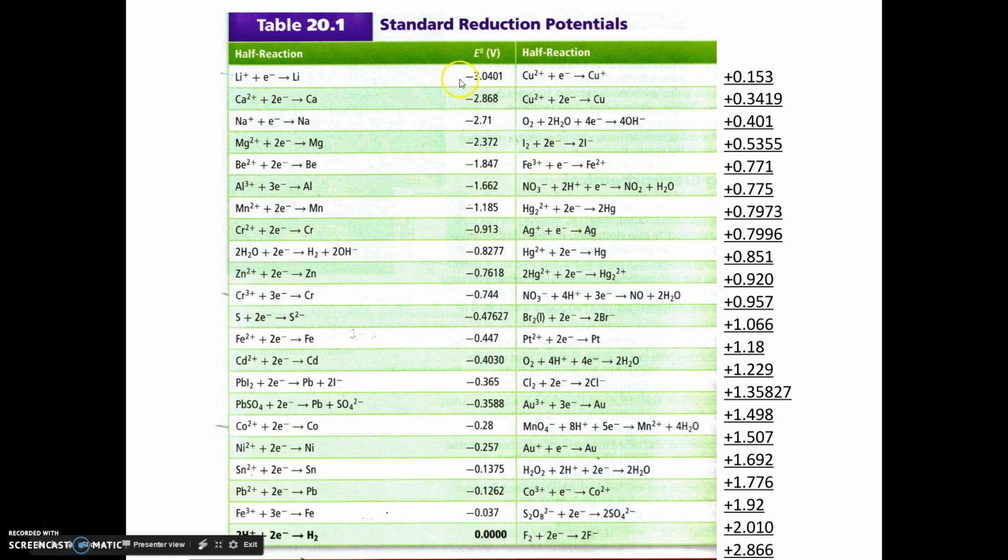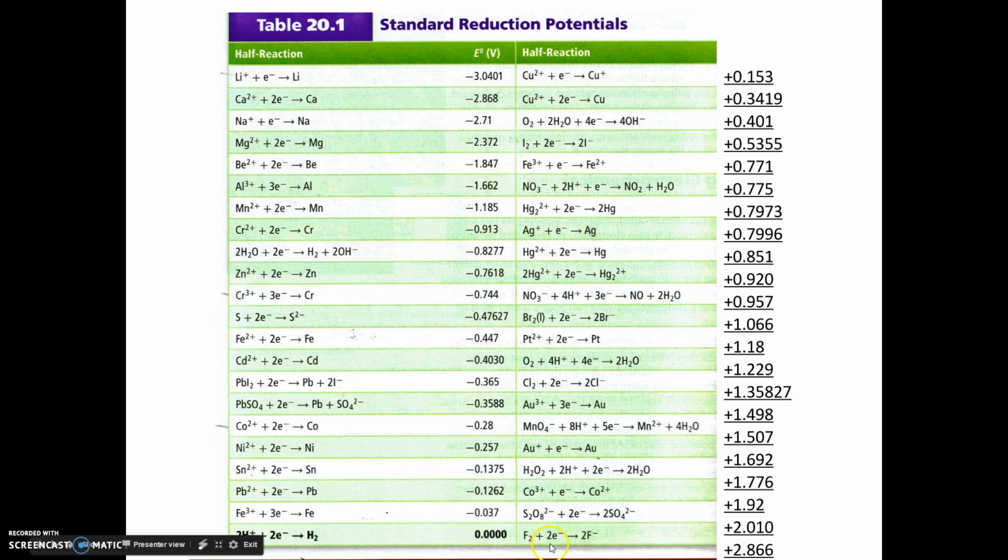If you have a negative sign, that means it doesn't like to do that. So check it out. Lithium gaining electrons. If you look at your activity series, lithium hates electrons. He does not want to do that. You're going to have a negative sign because you have to input energy to make it happen. Check out the very bottom here. The left side is negative and the right column is positive. Check out the very bottom one. We've got fluorine here.